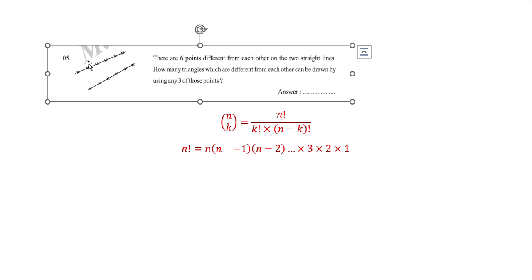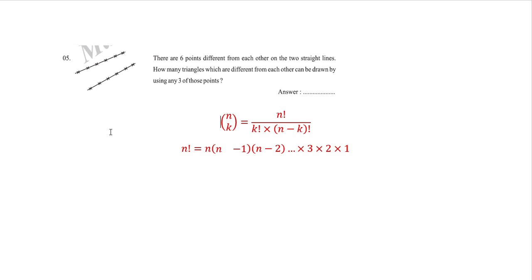If we take two lines like this, and let's assume that there are 3 points on each, so we have 3 points on this line, which means we can match them to create a triangle, alright? But you can't, because the 3 points are collinear.